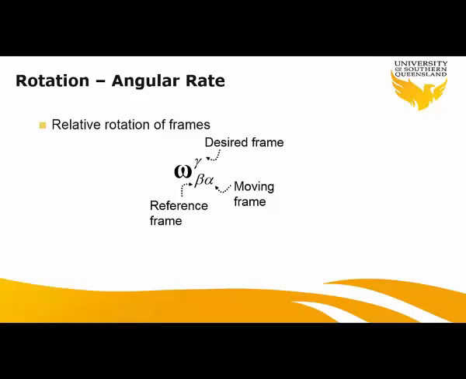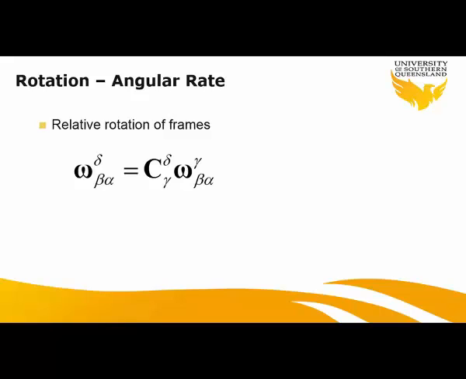So if we want to represent this motion in another frame, we can write it in this form. So as you can see, I have this rotation matrix, which is the rotation of alpha with respect to beta resolved in the desired frame of gamma, and we want to show that in the frame of alpha.